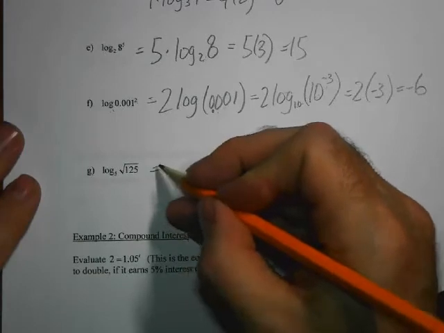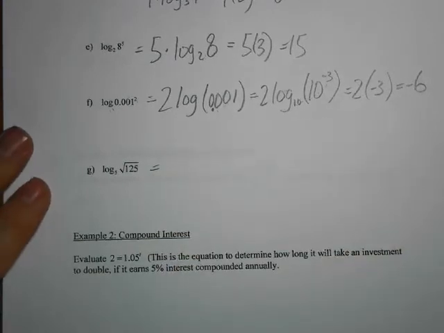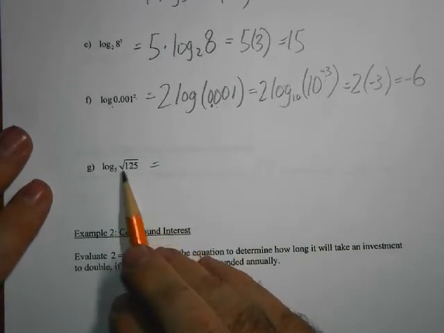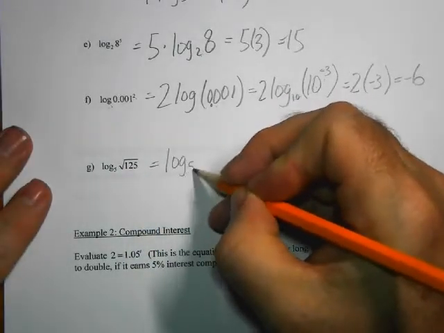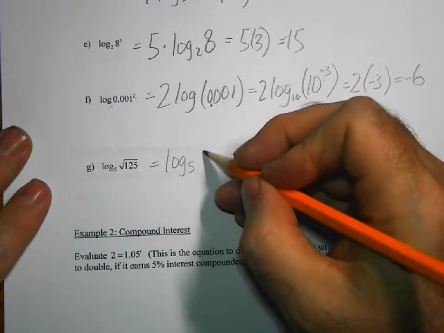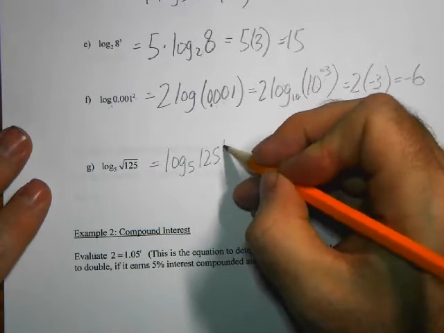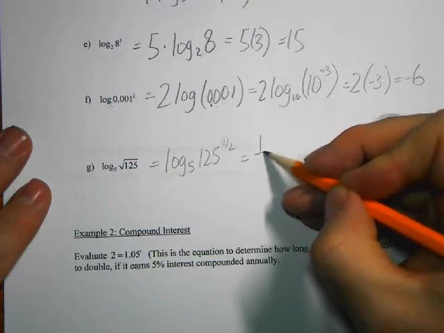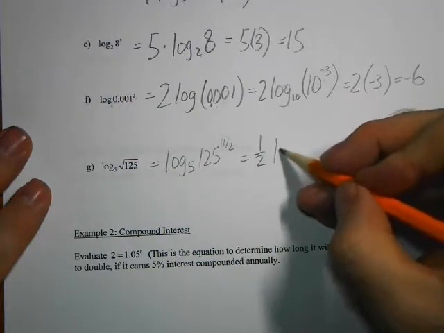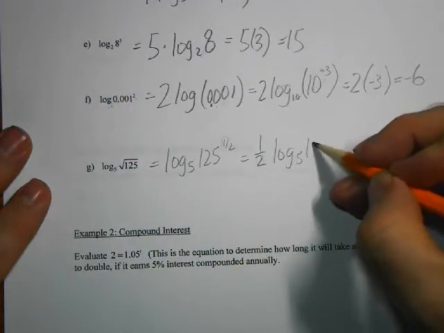All right, this one here is similar to one we did in the previous example. This time we have a square root. So I could rewrite it as log base 5 of 125 to the power 1/2. So I'm going to take that power and put it out front. Log base 5 of 125.